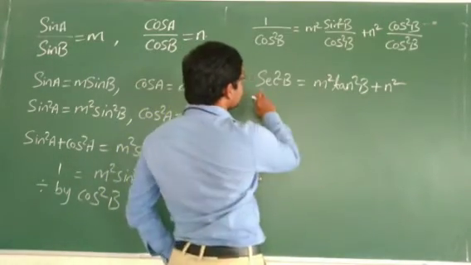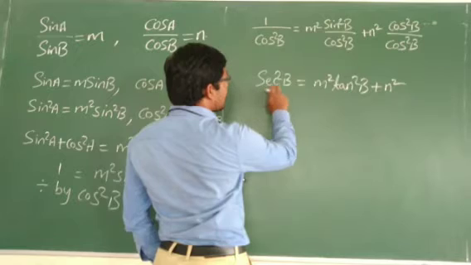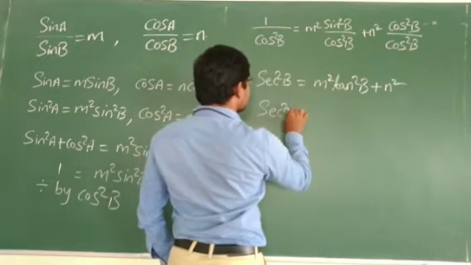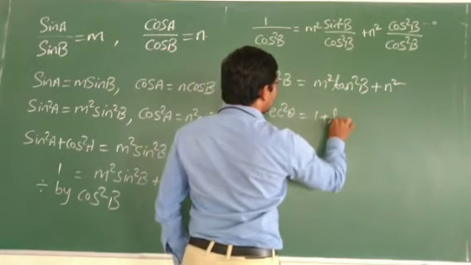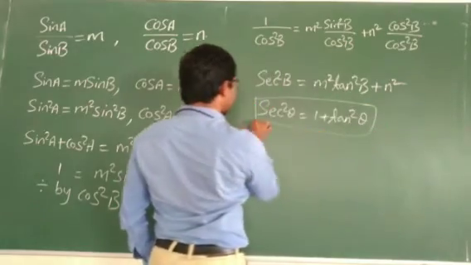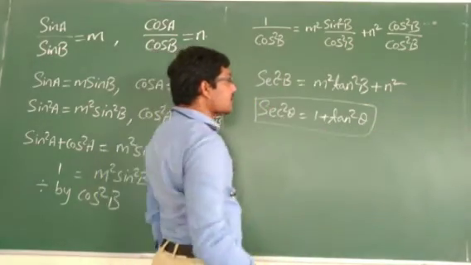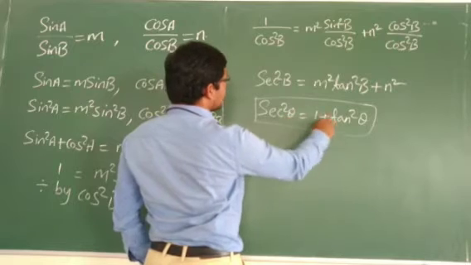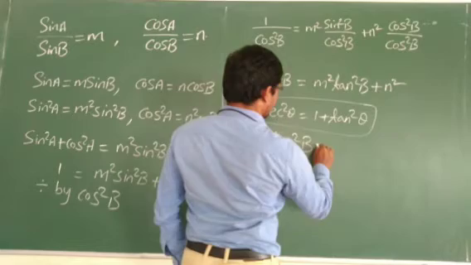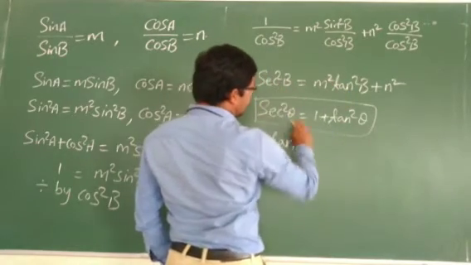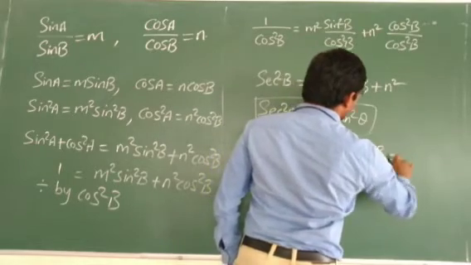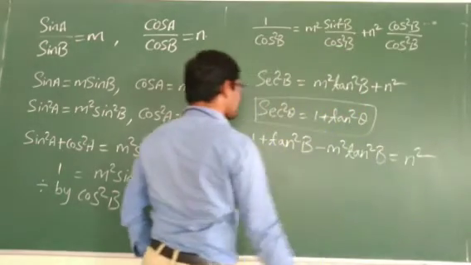Now this is in terms of secant square. We can convert this to tan square by using the identity secant square theta is equal to 1 plus tan square theta. So we substitute 1 plus tan square B, and get minus m square tan square B equal to n square.